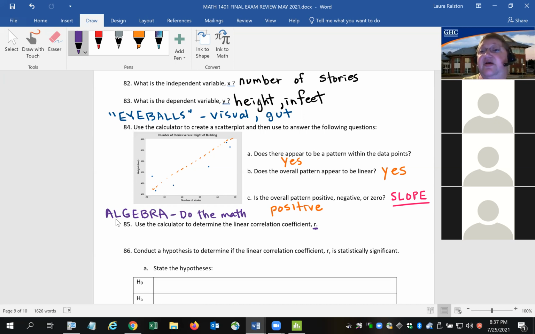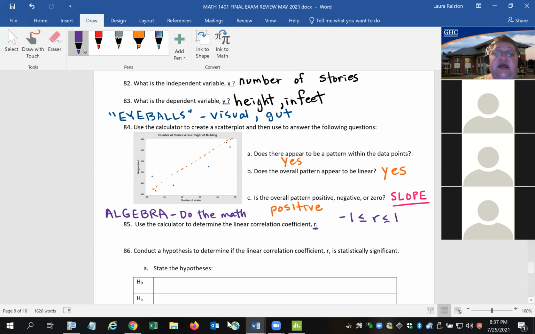It's going to give us a number. Now, a couple of things that you guys may have overlooked in some of the notes. When you calculate this R, it's always between -1 and +1.